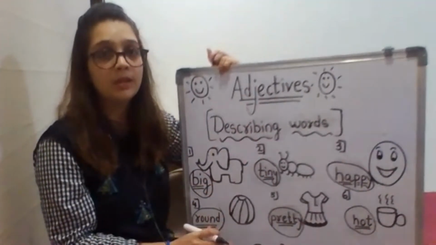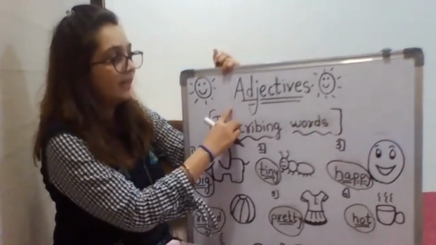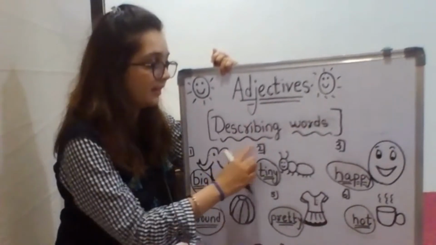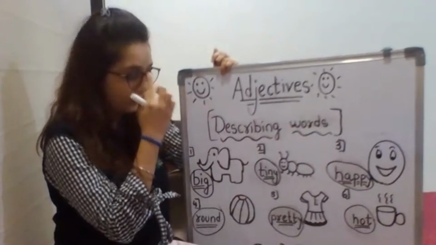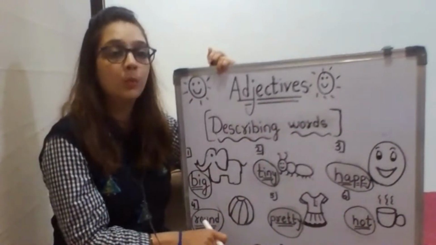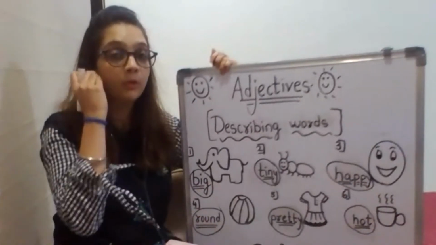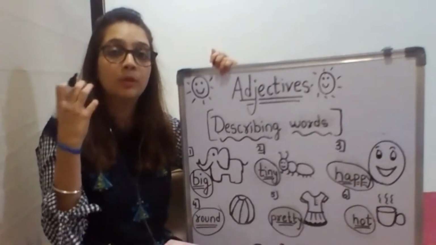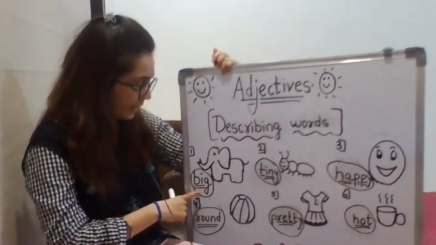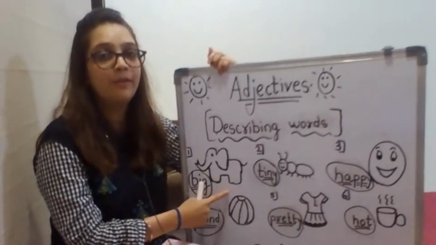Then I will show you the PPT. Adjectives are also called describing words. When a particular word is describing more about the noun, it is called an adjective. The first example is of a big elephant.